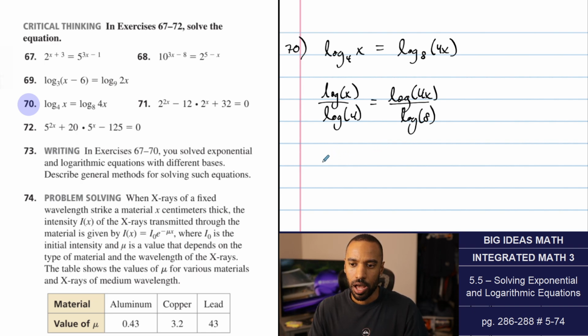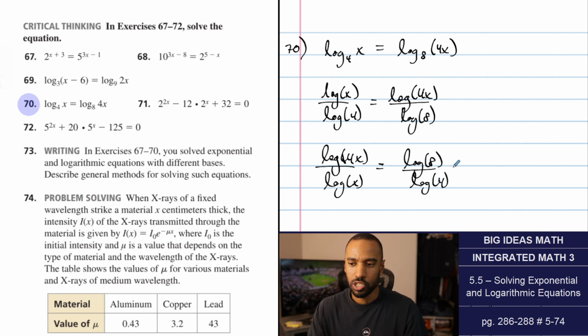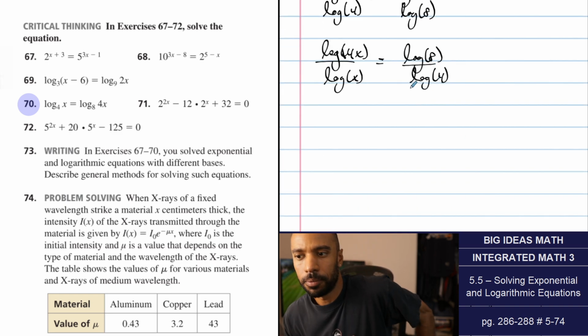So we'll have log of 4x over log of x equals log of 8 over log of 4. All right, I think I can still work off that a little bit.